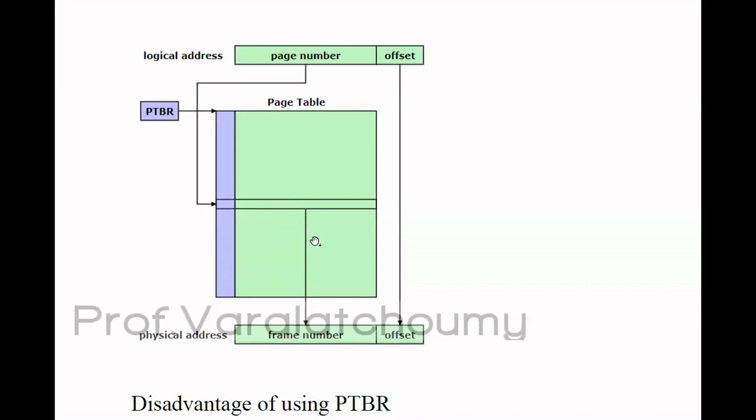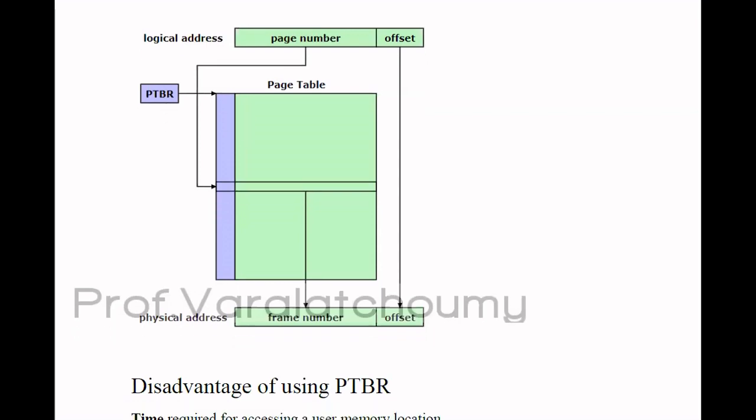So the page table stores this page number and frame number mapping detail. And we have the PTBR, the page table base register, which stores the physical memory address wherein this page table is stored.